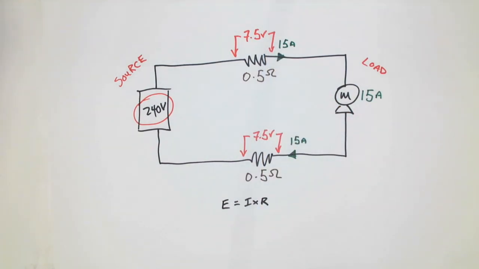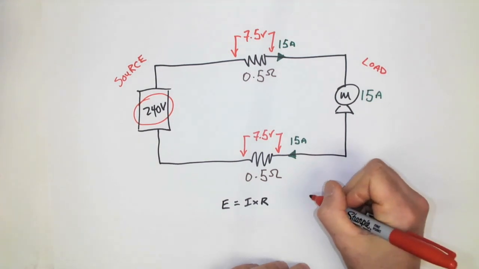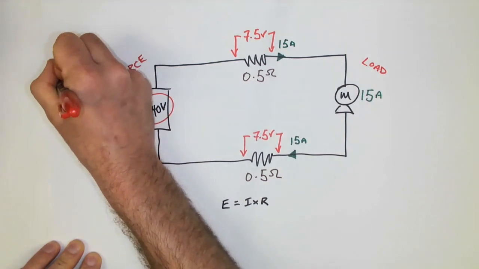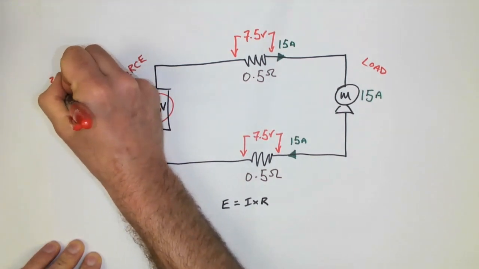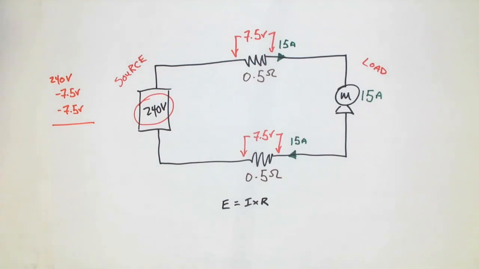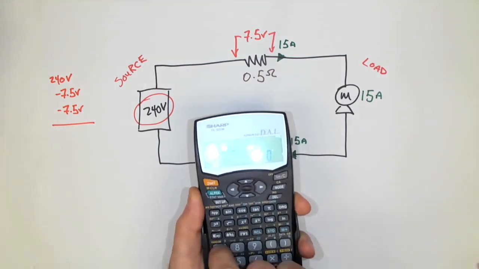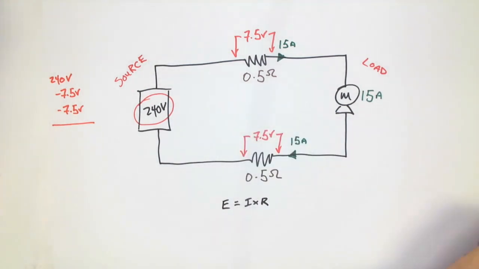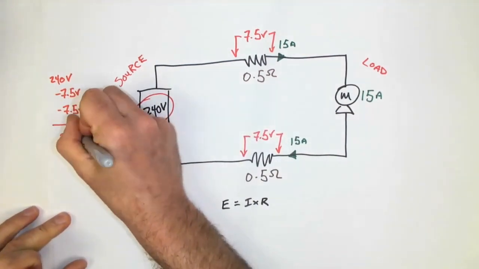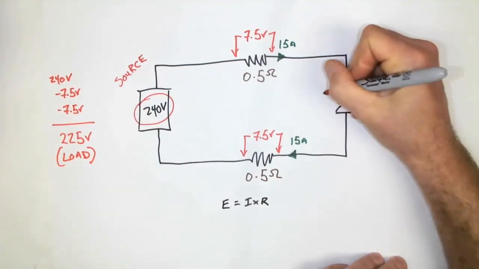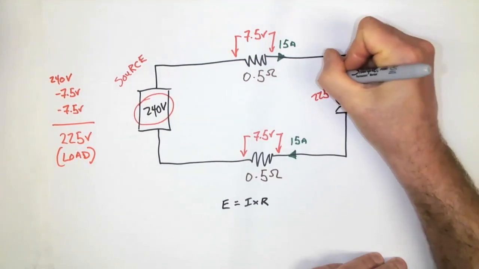That means that for me to calculate the voltage across my load, I'm going to be taking 240 volts minus 7.5 volts minus 7.5 volts. What this should give me is the voltage across the load. So 240 minus 7.5 minus 7.5 gives me a total of 225. So 225 would be the voltage across my load. So let's put that here, 225 volts.